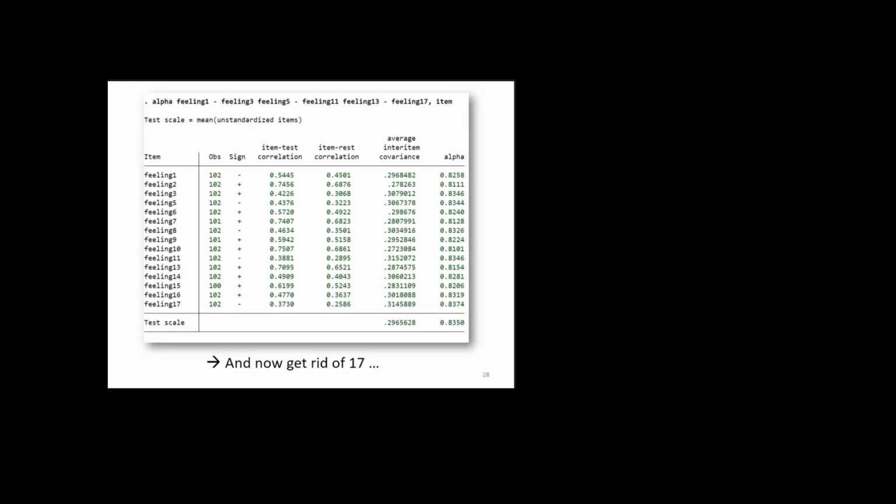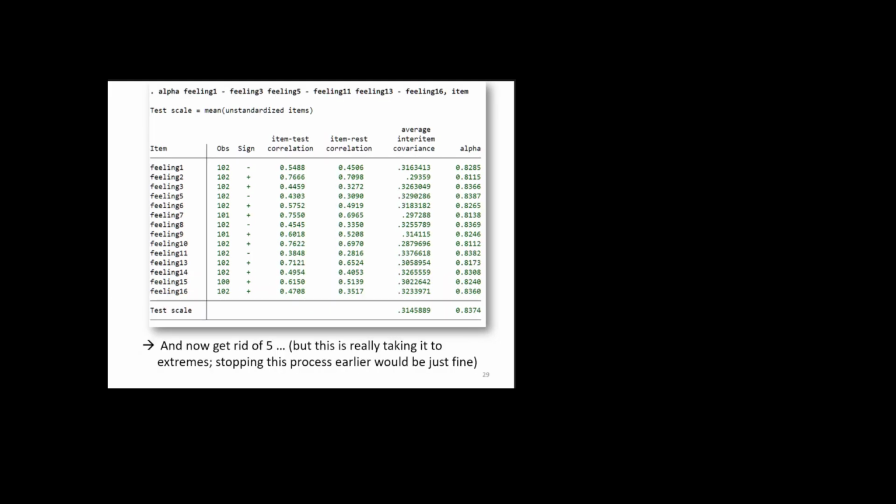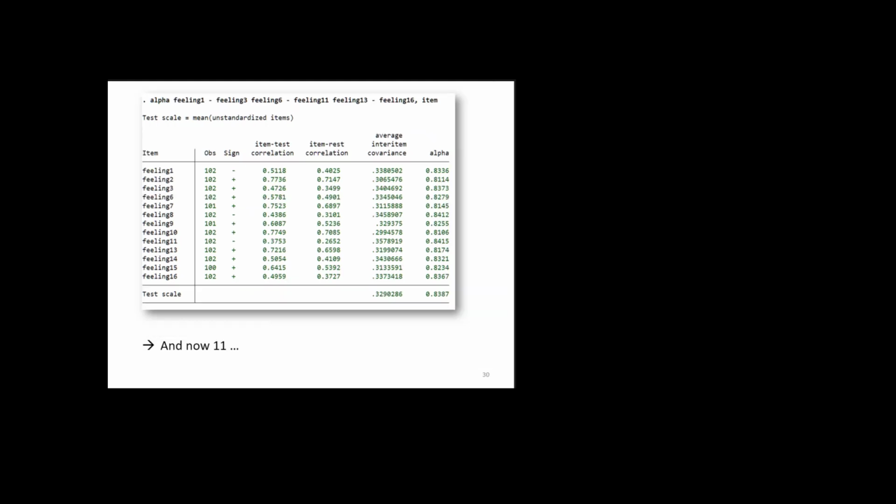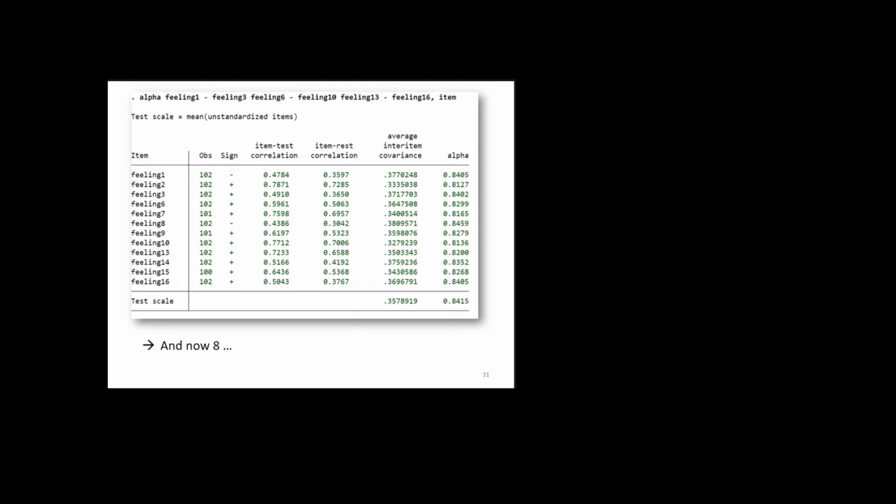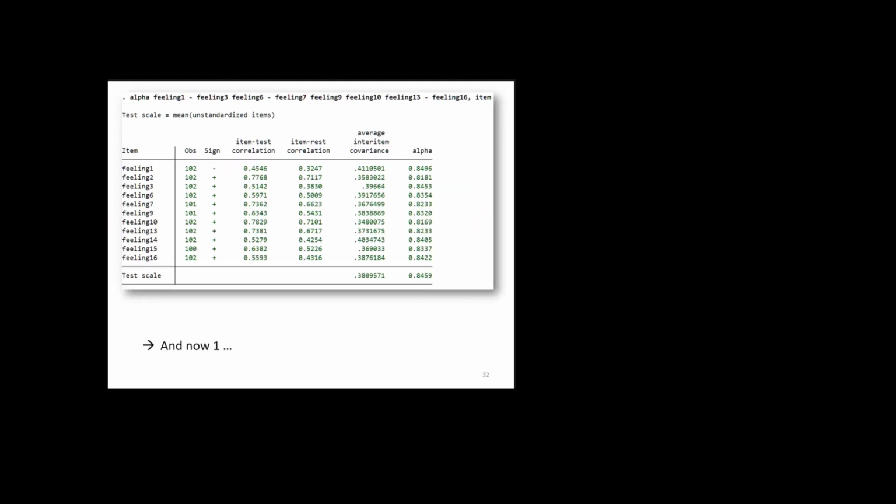And now we have to delete 17. And now we have to delete 5. And now 11. So you see, if you do this one by one, and now 8, now we have to delete 1.